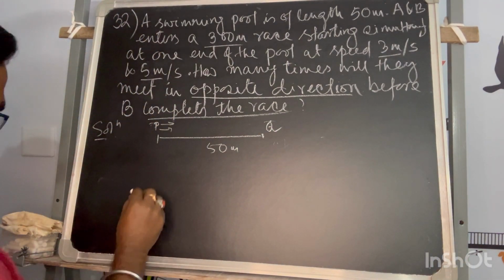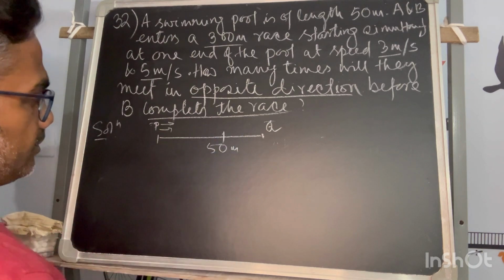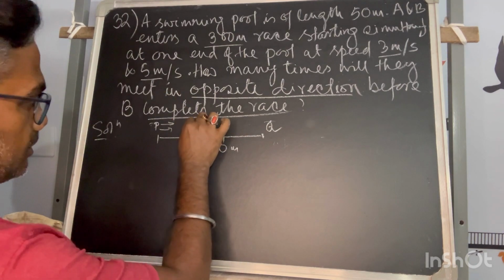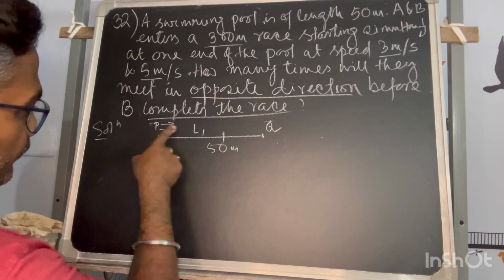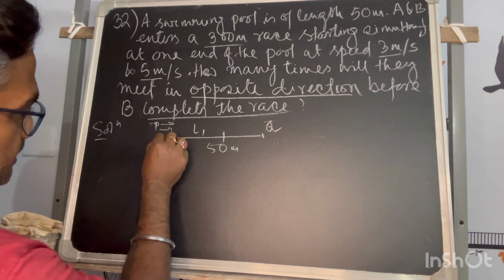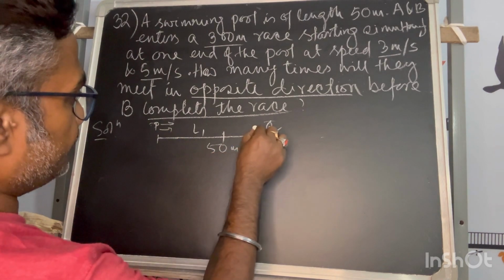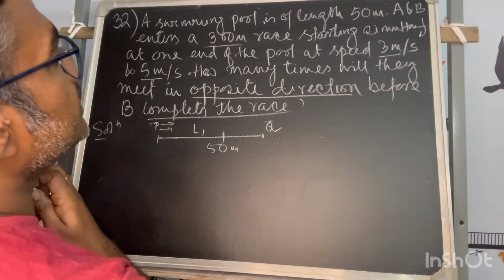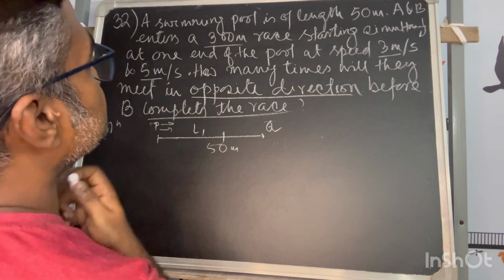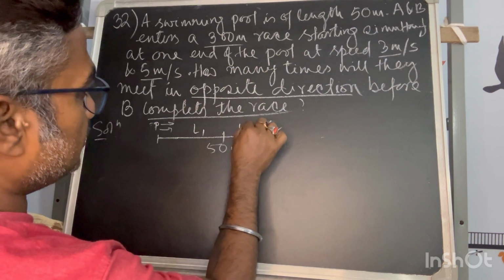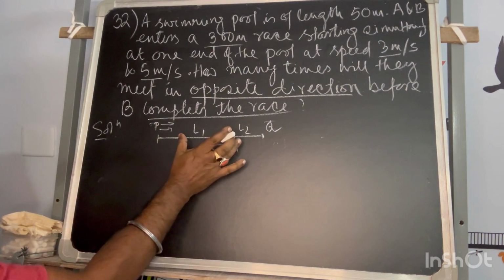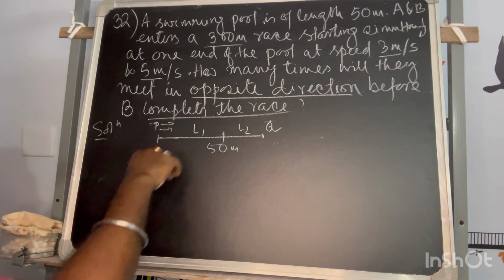Now if I say they meet for any lap, meet at L1 for A, let's say A from this side, and for B, where B is faster, it is L2.